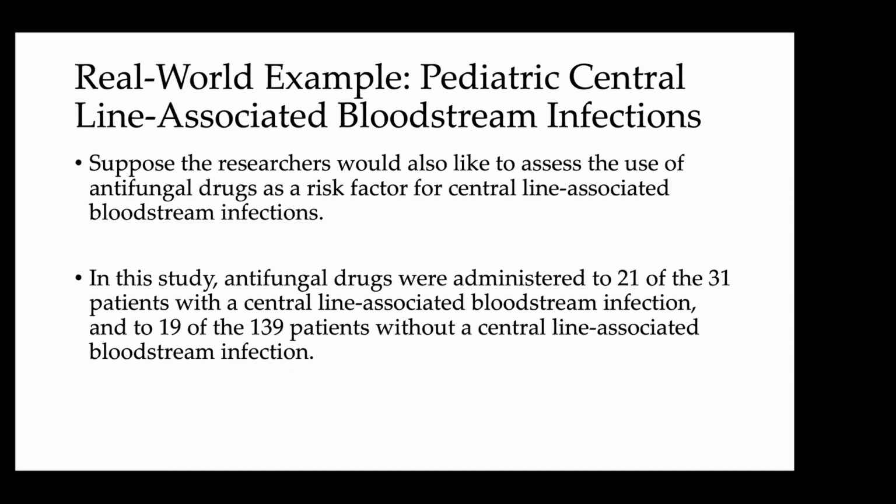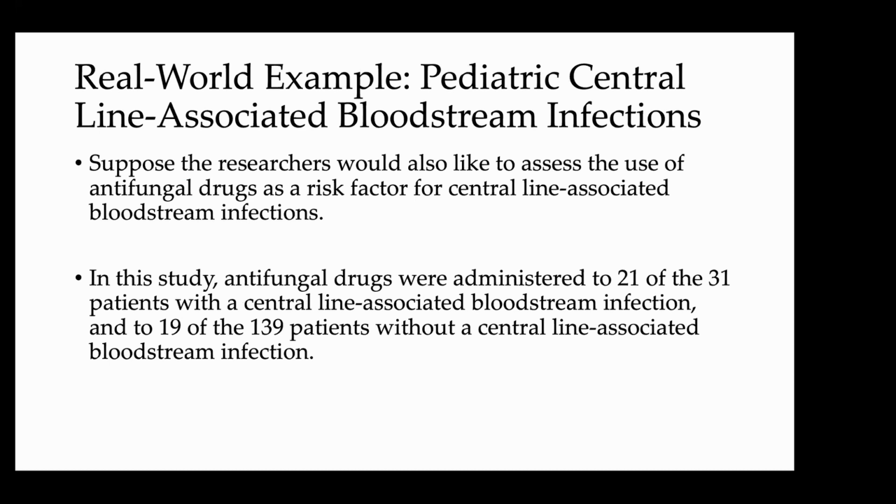But let's say the researchers also wanted to assess the use of antifungal drugs as a risk factor for these central line associated bloodstream infections. We have the same cases and controls, but we're just swapping out the exposure that these patients had. Based off this study, we identified 21 of our cases that were exposed and 19 of our controls that were exposed.